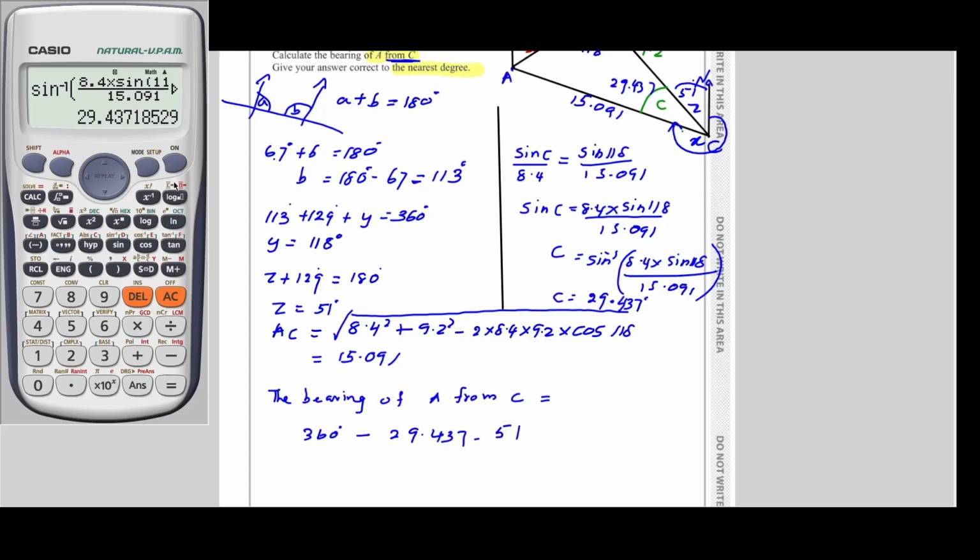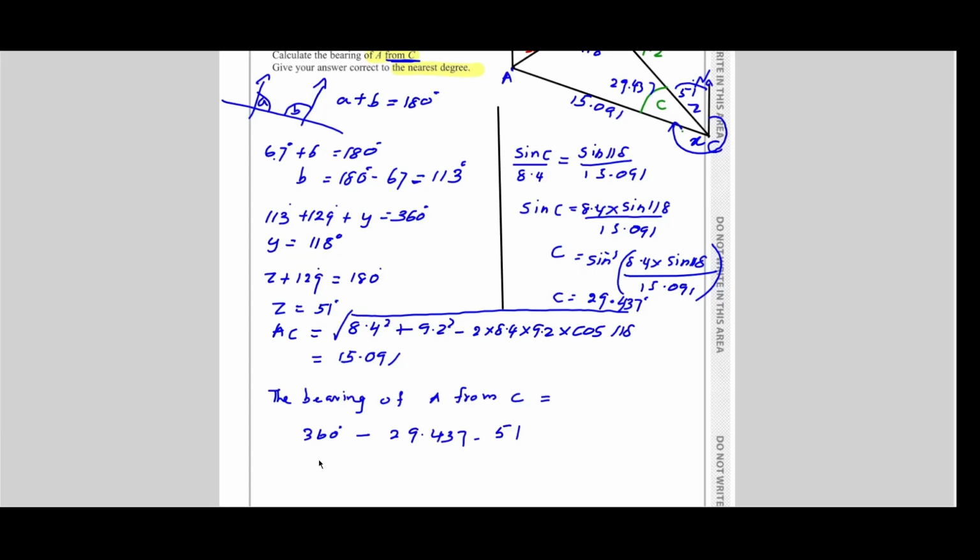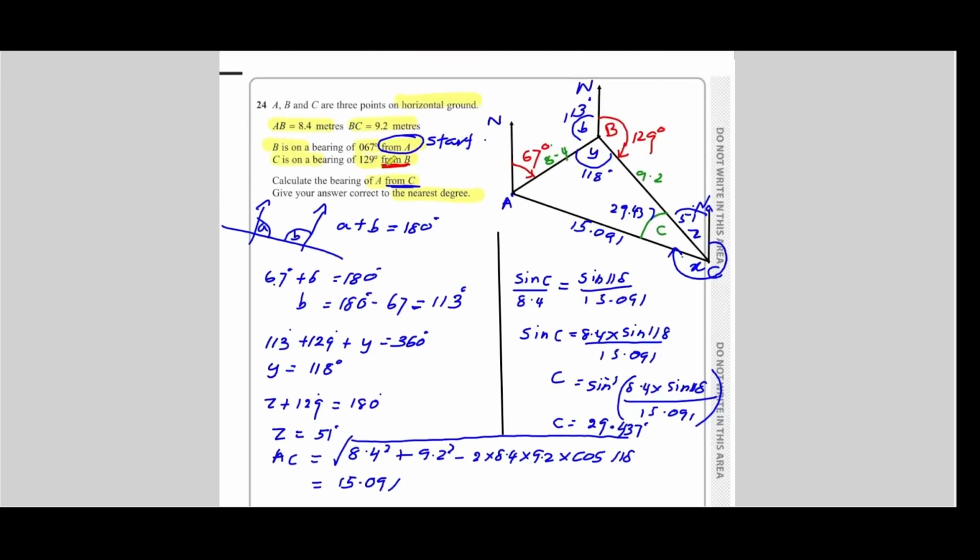So let's use the calculator. 360 minus 29.437 minus 51 equals 279.56. So 279.5, which gives out 280. So this is the answer. So remember, when doing bearing questions, the from part is so important. Go to the from part. This is your starting position.